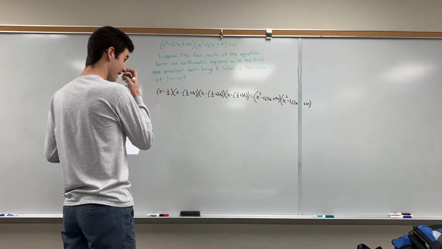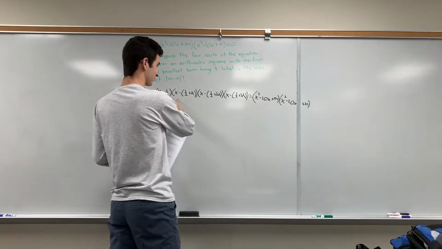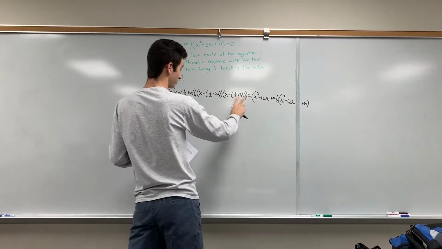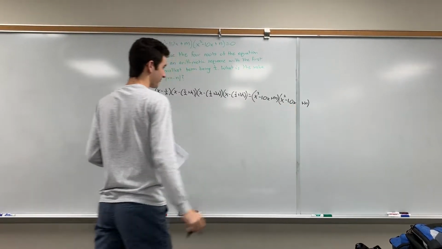So that means that two of these terms multiply to get the first term here, and then the other two multiply to get the second term.